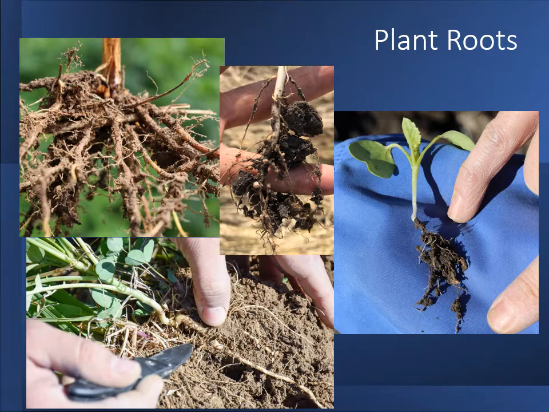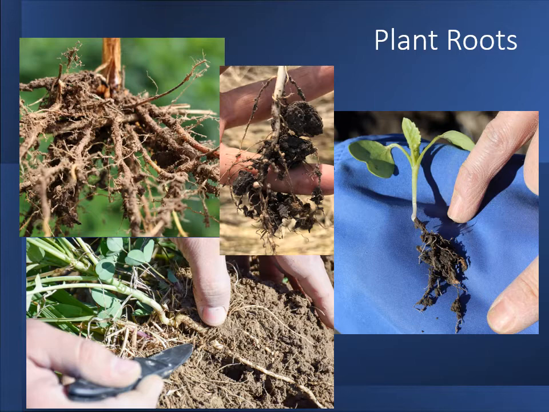So the last three assessments that we're looking at here all have to do with living things, living organisms, or the remnants of living organisms. Plant roots are so awesome to look at and evaluate for this assessment because they exude simple and complex carbohydrates that influence our soil microbes and also influence soil structure by helping to form soil aggregates.